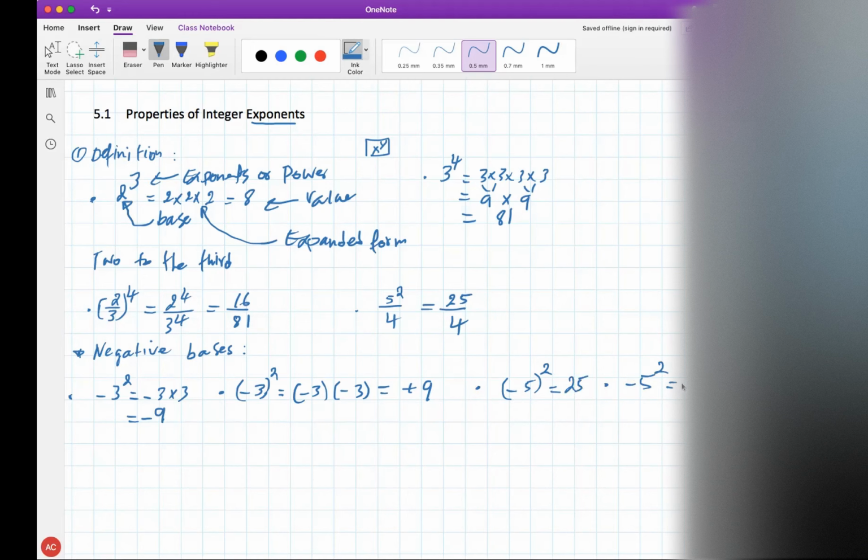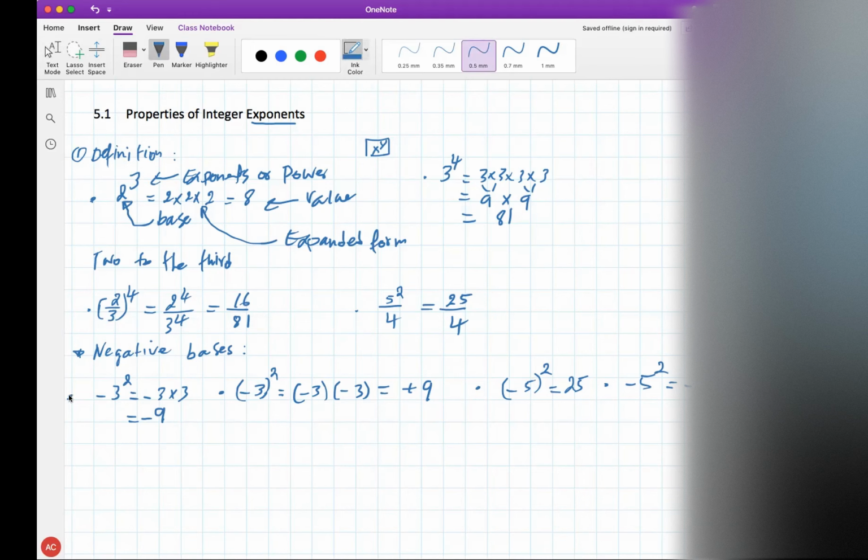This negative will always be here because we don't have parentheses. Then 5 to the second is 25. So one is positive, the other one is negative. So the parentheses determine what the base is. If you don't have parentheses, again, what's directly under the power is the base, not the numbers or the signs before or after that.